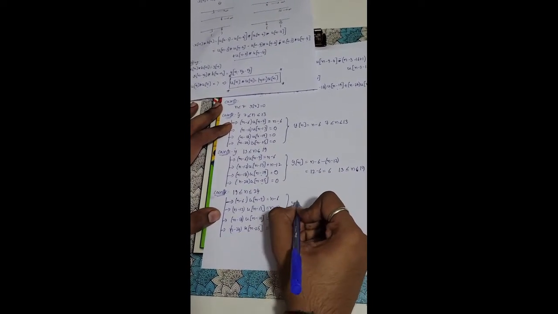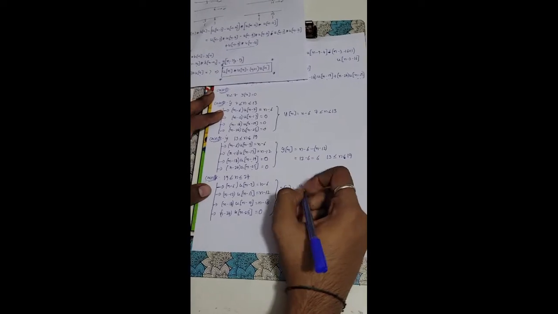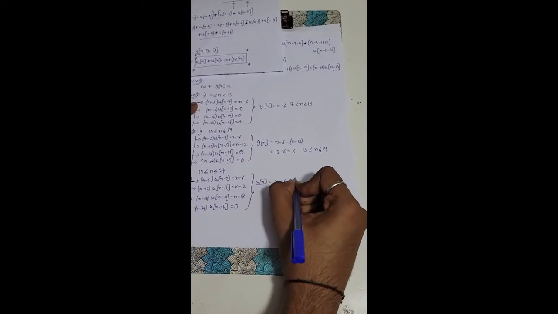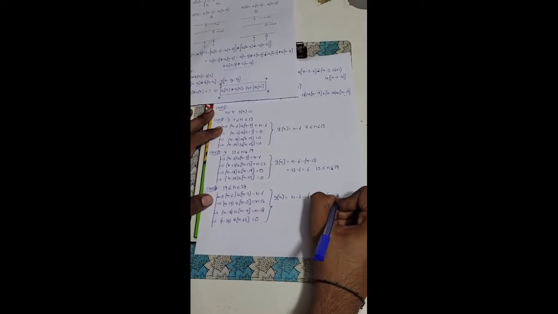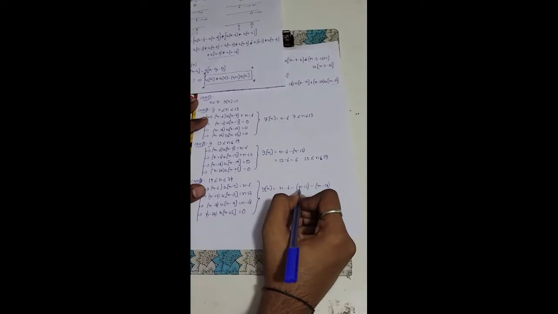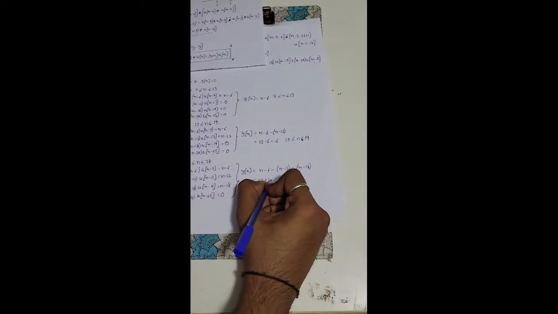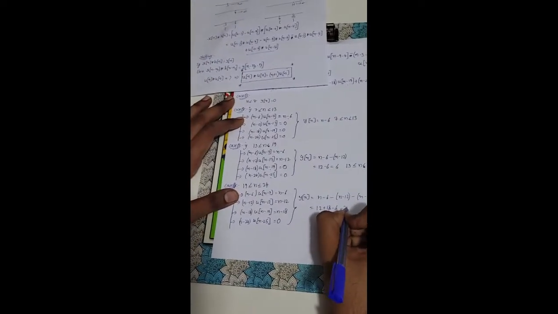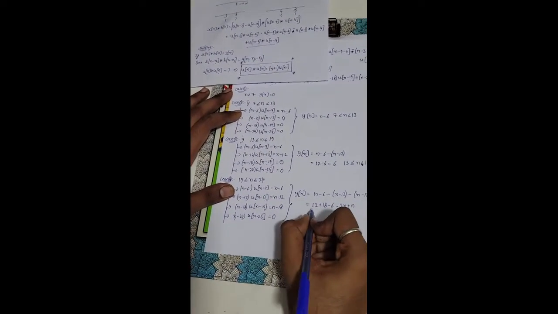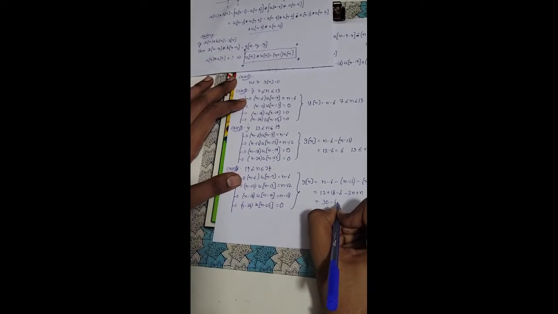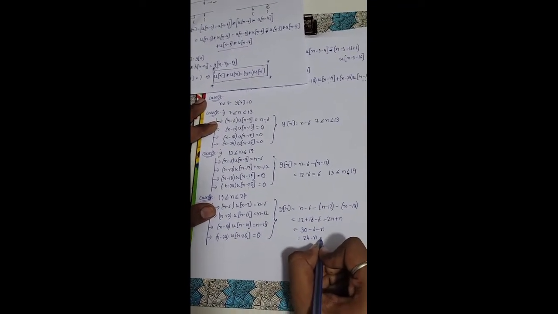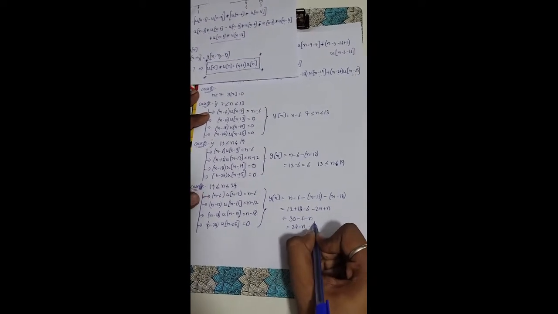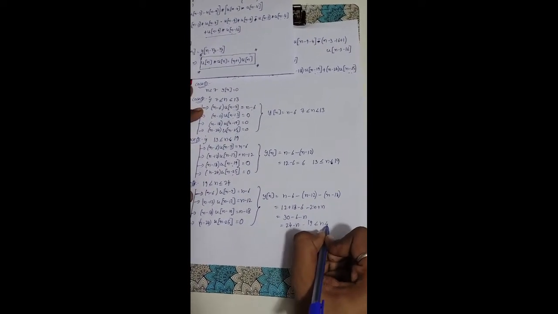So in total we get y of n is equal to n minus 6 minus of n minus 12 minus of n minus 18, which equals 12 plus 18 minus 6 minus 2n plus n, which equals 30 minus 6 minus n, which is 24 minus n. Y of n is 24 minus n when n is between 19 and 24.